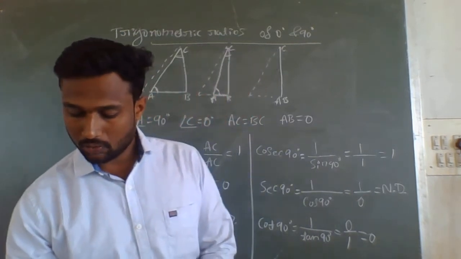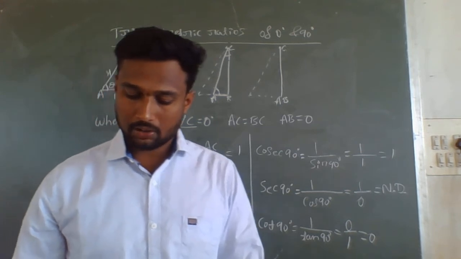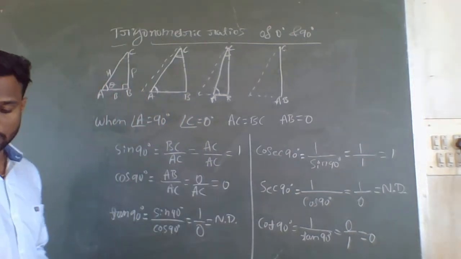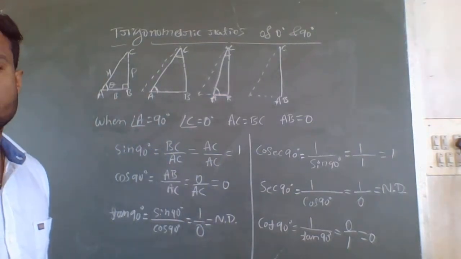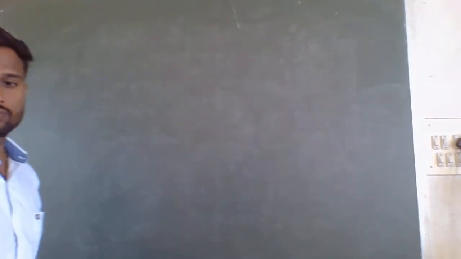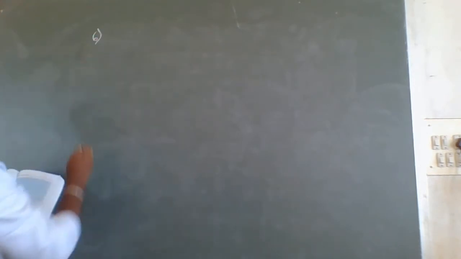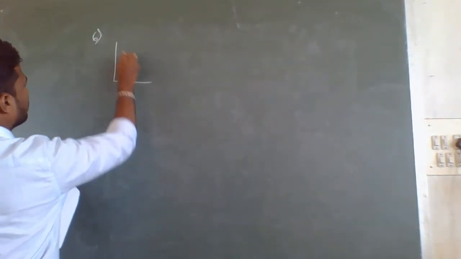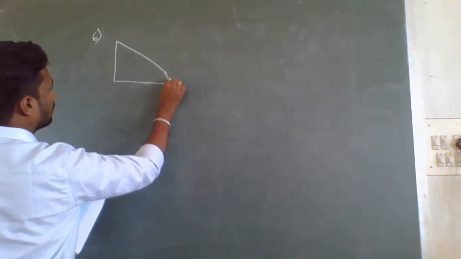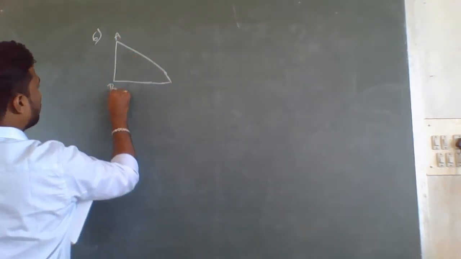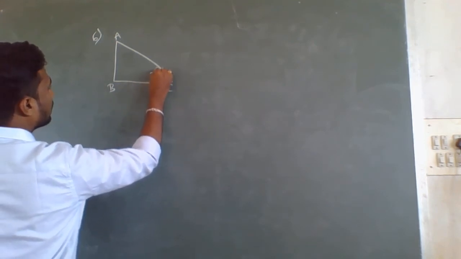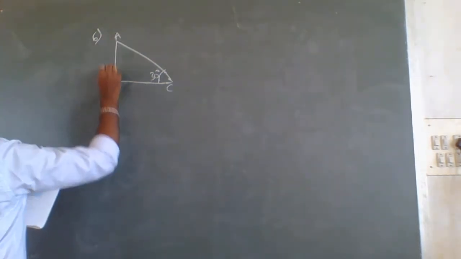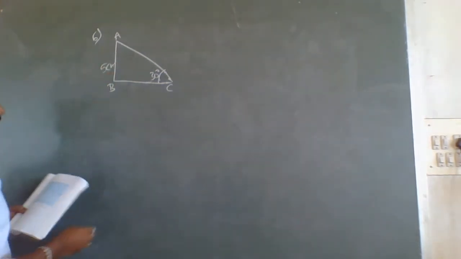So now I will continue with one example problem based on these trigonometric ratios with respect to specific angles. So now in example 6, they are given one right angle triangle. This is point A and B and C, and they are given that this angle C is 30 degree and the length of this AB is 5 centimeter.